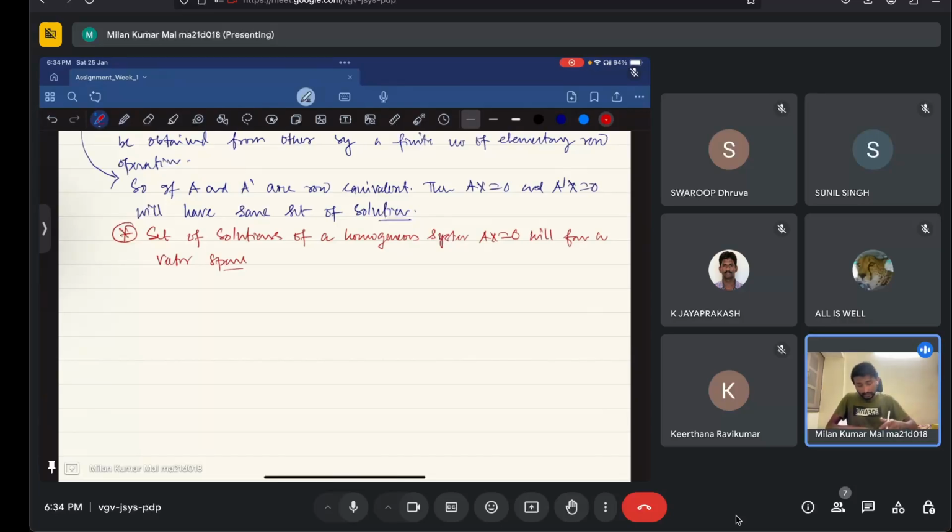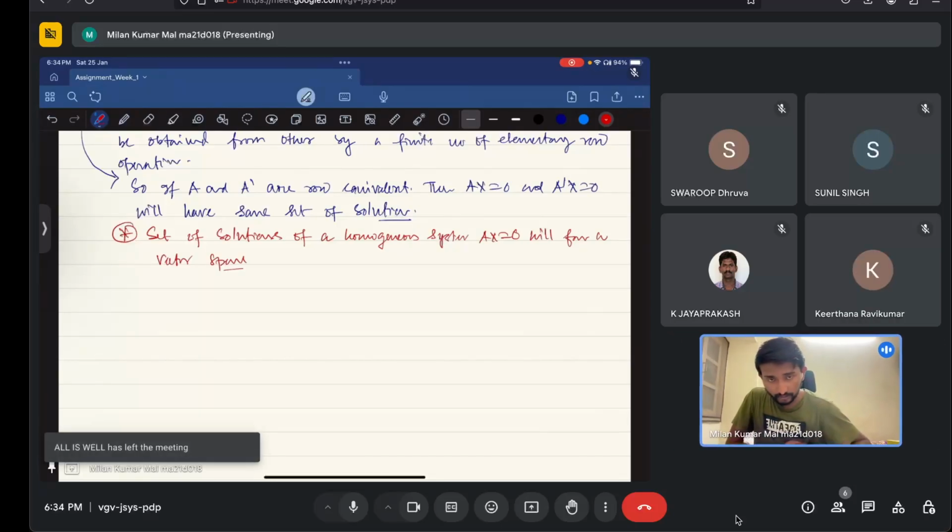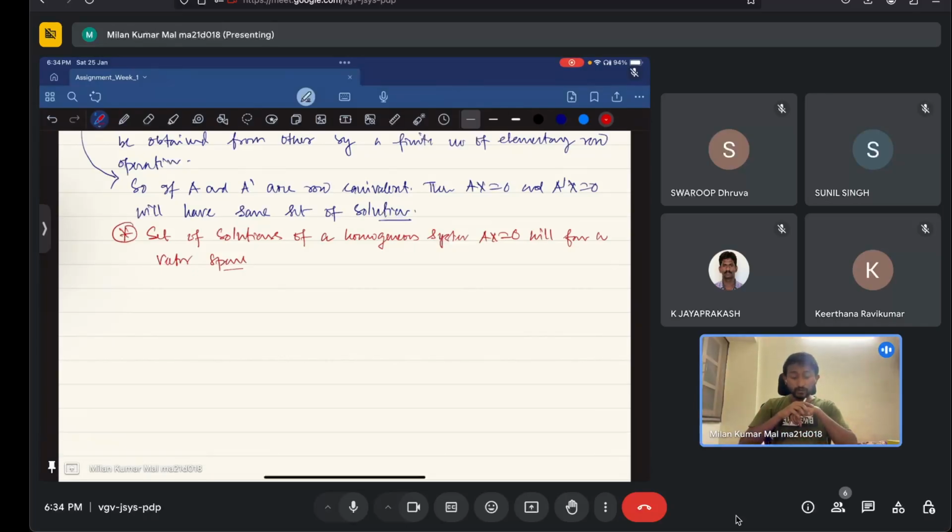We will discuss that when we recall vector spaces. So that is the reason for what someone asked in the discussion forum: when two matrices are row equivalent, why do we have the same set of solutions? If there is any doubt about whatever I am saying, you can ask me directly right now. That is not a problem.